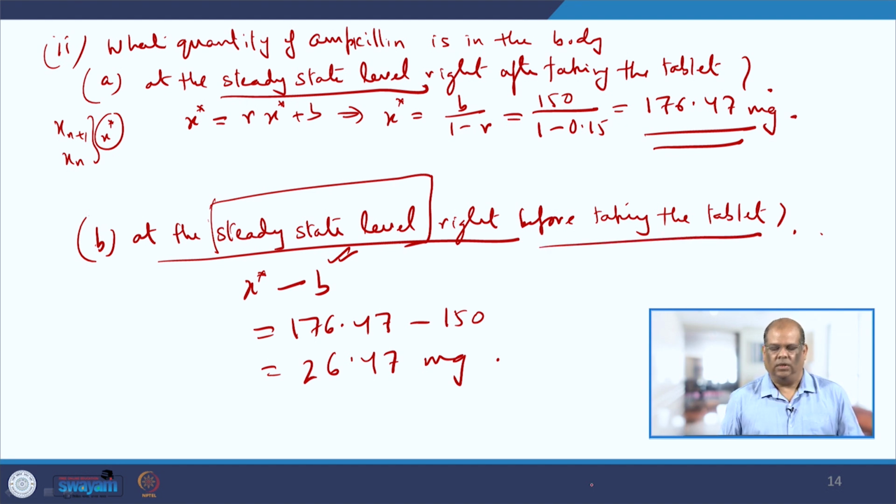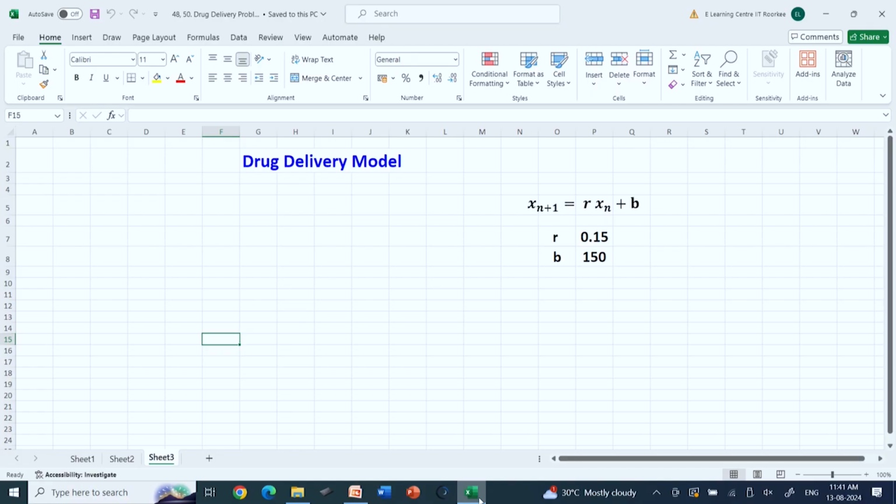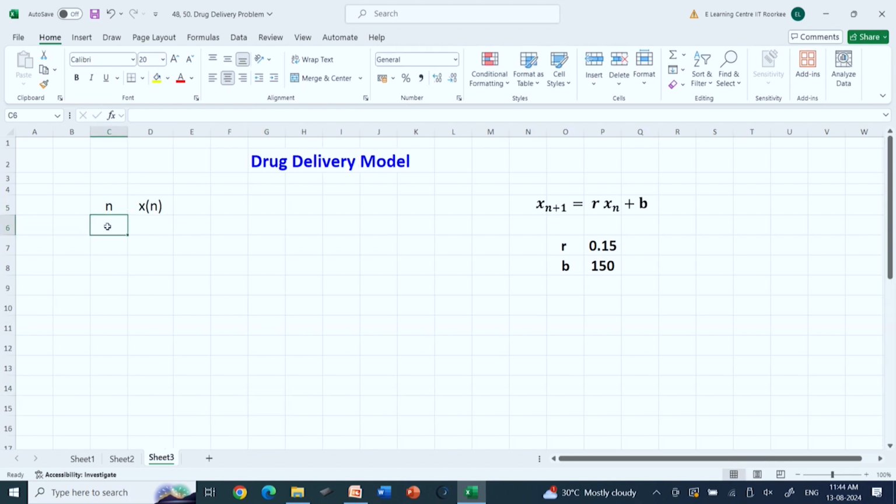Let's now solve this particular problem numerically using Microsoft Excel. So, I already have the equation xn plus 1 equal to rxn plus b, where r is 0.15 and b is 150. So, I have n and I have x. We put here n equal to 0. The initial value here is 0.